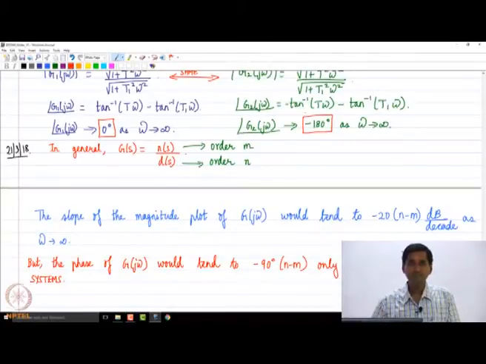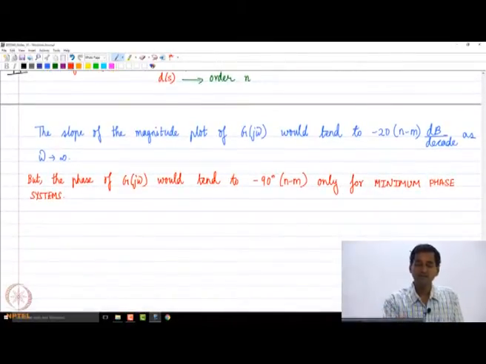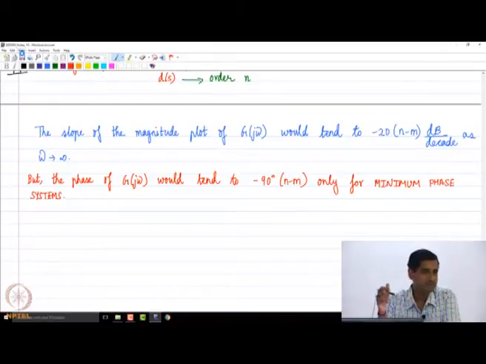This is something which we will use later. If you conduct experiments and happen to get the magnitude plot and the phase plot, one could use this information to figure out the relative degree of the transfer function, because from the magnitude plot, you look at the slope of the high frequency curve, you will get n minus m.